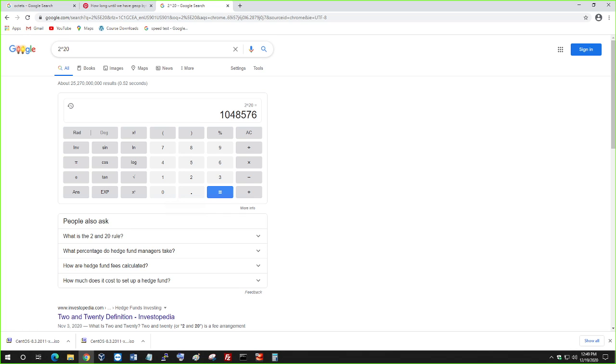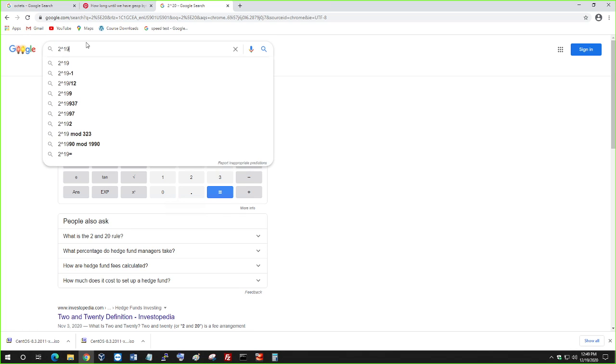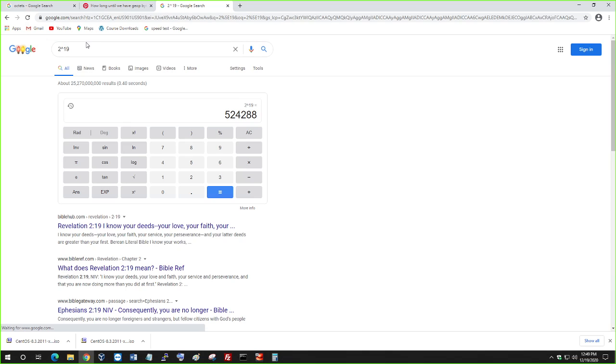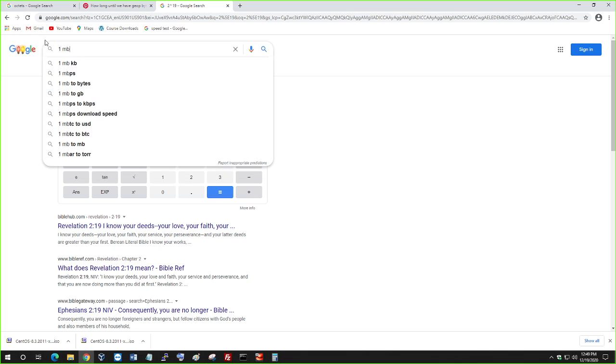I thought it was 19. So it doesn't make sense here. So 1 MB.